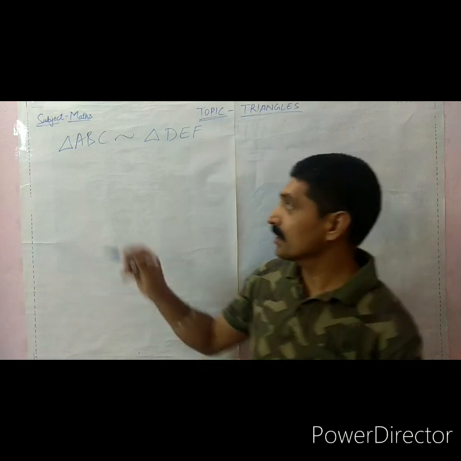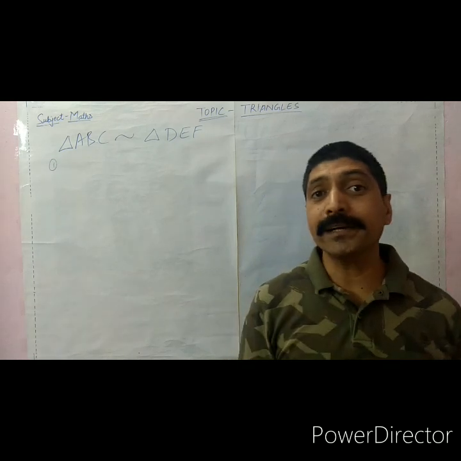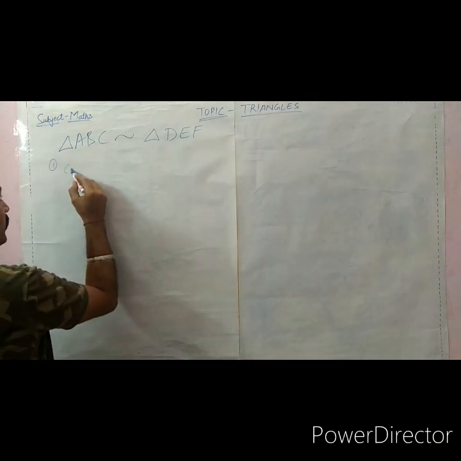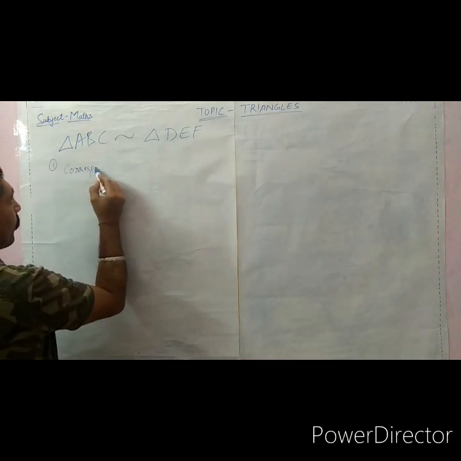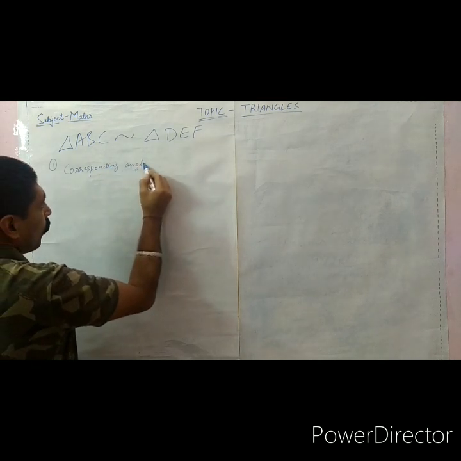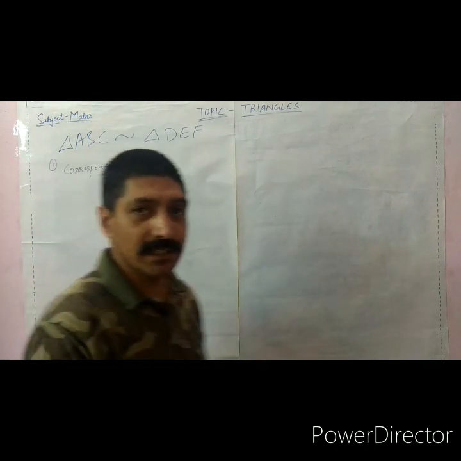What are these conditions? First one, their corresponding angles should be equal. The corresponding angles of one triangle should be equal to the corresponding angles of the other.